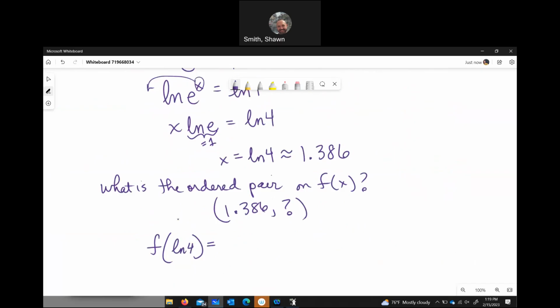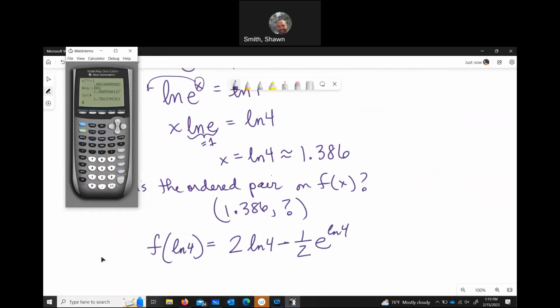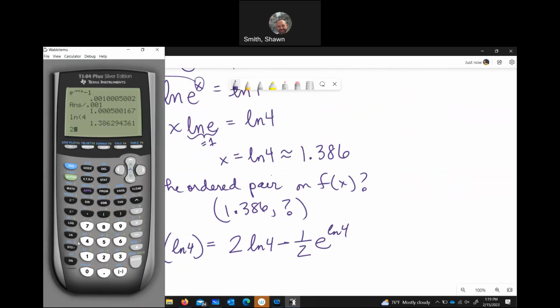The original function was 2 times x, so 2 ln of 4 minus 1/2 e to the ln of 4. And that gives you 0.773.